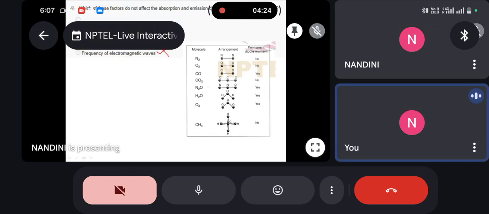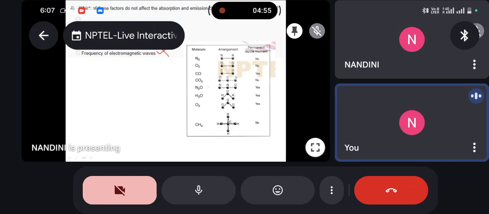Which one actually determines the absorption and emission characteristics of the atmosphere? N2 is a homoatomic molecule which has two nitrogen atoms held together by a bond. And N2O is a heteroatomic molecule which has two nitrogen atoms and one oxygen atom combined together to form the molecule.